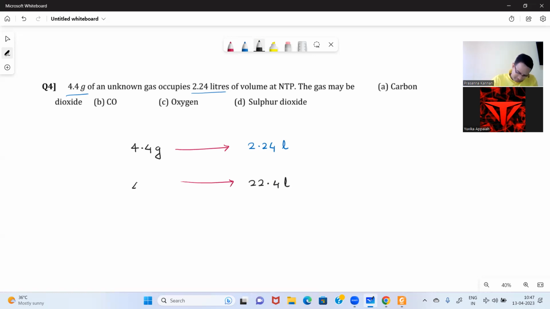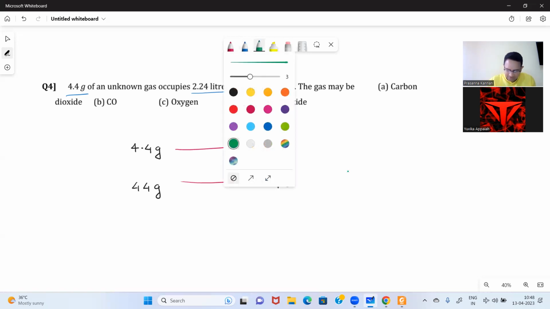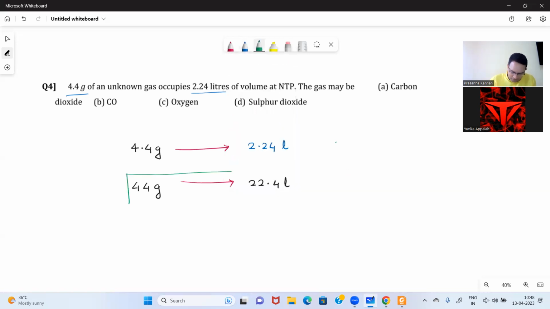Yes, Yuvika. See, it's straightforward. We don't need to calculate separately. Here 4.4 gram corresponds to 2.24 liters. I'm just multiplying by 10, so here also I can multiply by 10. Is it clear? Yes, sir. So 44 grams of the gas occupies how much? 22.4 liters. Correct, Viveka?